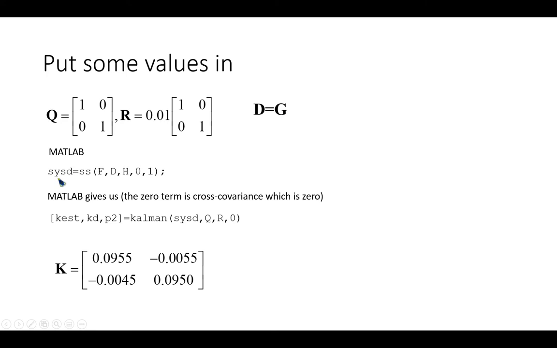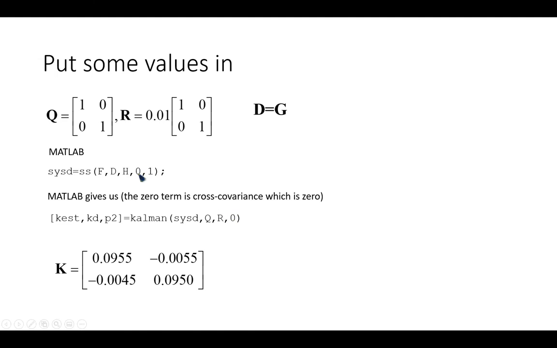Then in MATLAB, we can quickly describe a discrete system with these values. We know F, D, and H, and so on. That 0 is because there's no cross covariance term. Actually, is it? Actually, it's here. Sorry, that 0, not the top one.